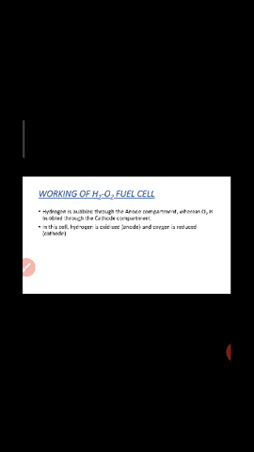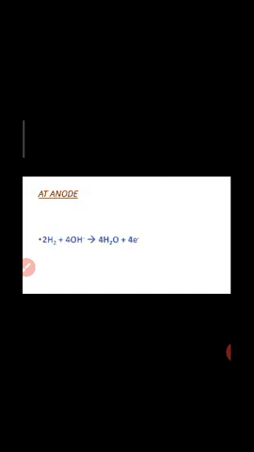The working of that fuel cell: hydrogen is bubbled through the anode compartment, whereas oxygen is bubbled through the cathode compartment. Here we have to make the two compartments with porous carbon plates. In this cell, hydrogen is oxidized at the anode and oxygen is reduced at the cathode.